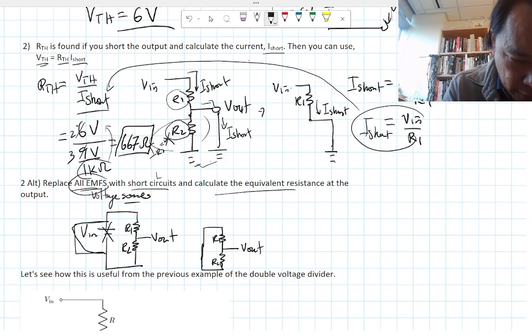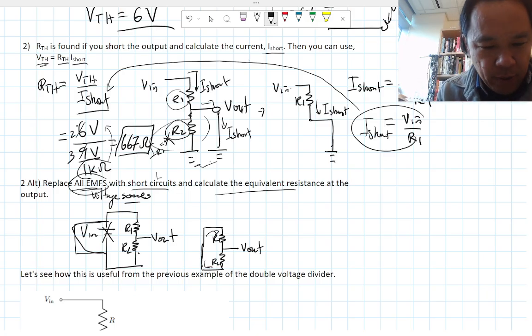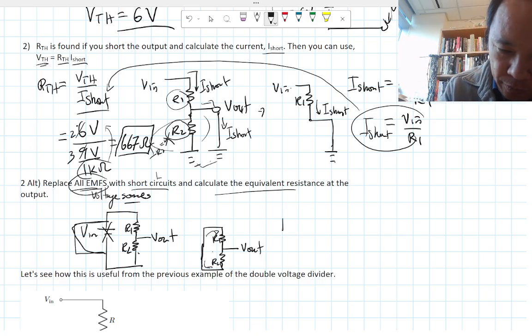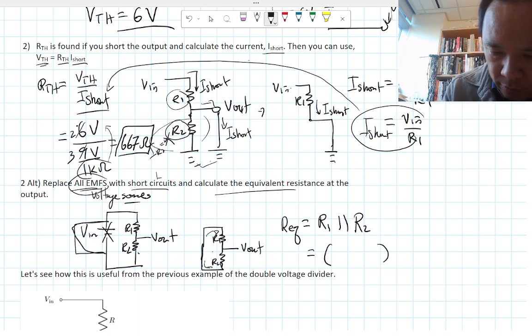So now, instead of the current going through one resistor and then the other, since there's no battery here anymore, the current can go in parallel. So this is equivalent to R1 in parallel with R2, which we can calculate: 1 over R1 plus 1 over R2, all inverted.